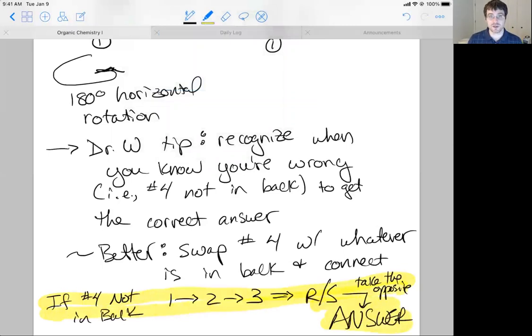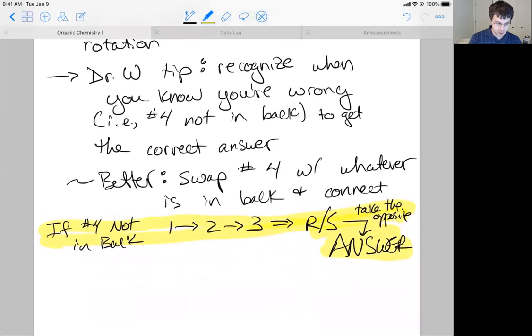What's nice about this approach is you don't run the risk of mistakes because you misrotated the molecule. You rotated the molecule over and you forgot to flip a wedge or a dash around. You forgot to exchange the left side for the right side. All these things that can happen, we can avoid by remembering this simple rule. So let's take our original example.